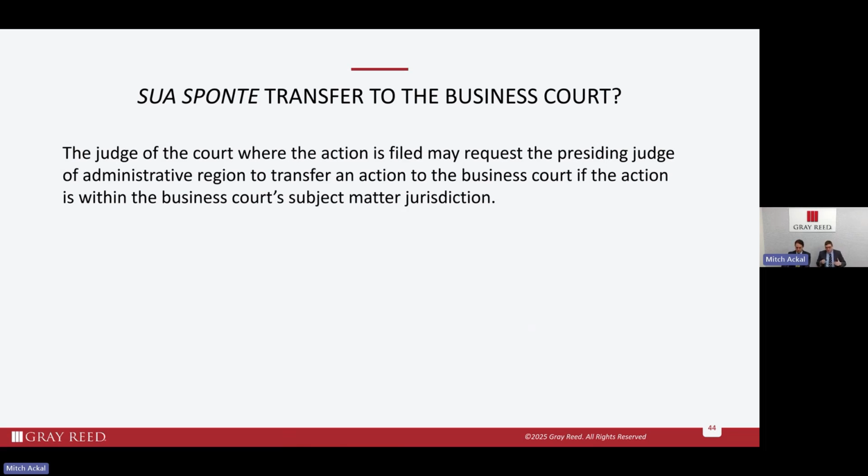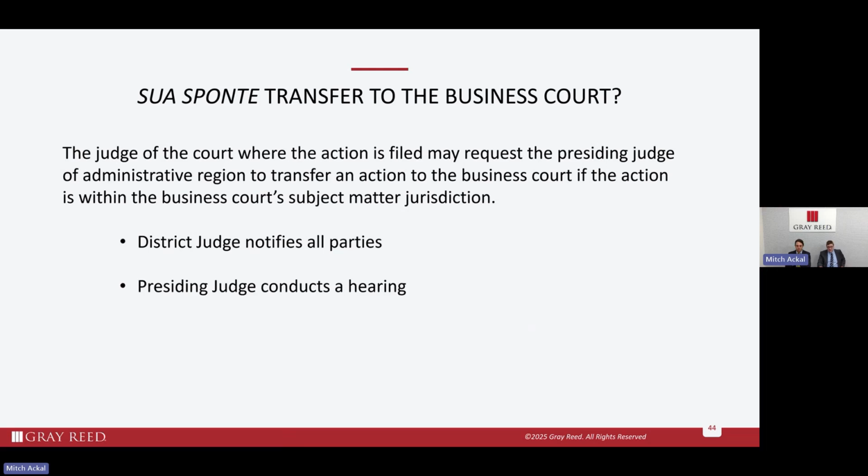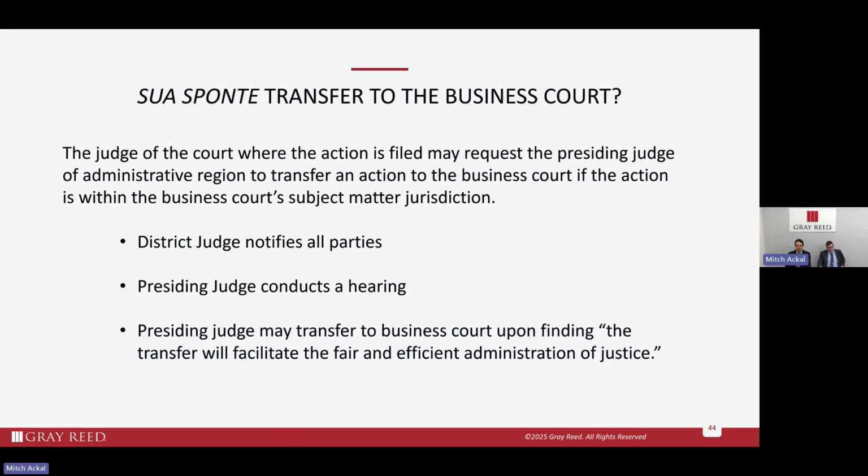And so to cure or help cure some of that backlog Mitch was talking about, if a case qualifies, meaning if the business court would have subject matter jurisdiction over a case, the district court judge can, on its own power, go ahead and send a case to the business court. All the judge has to do is notify the parties, conduct a hearing, and this is pretty much the most subjective standard I can think of, decide that the transfer would facilitate the fair and efficient administration of justice.